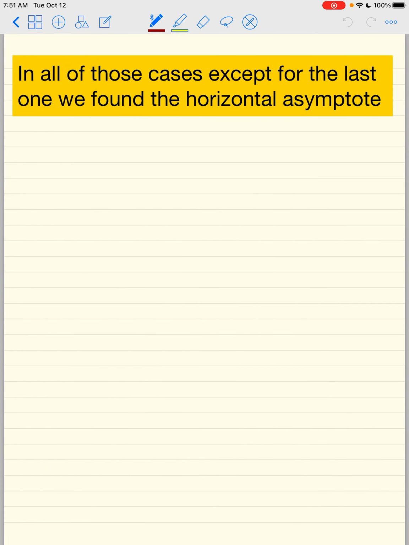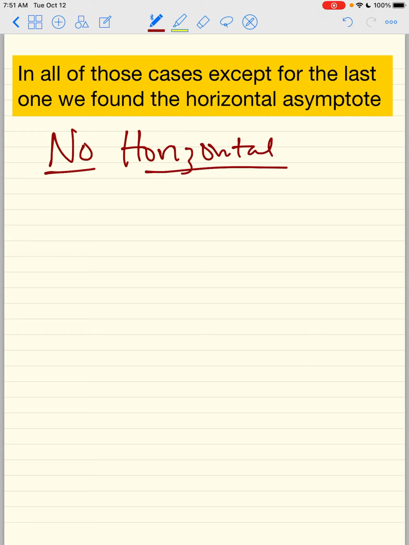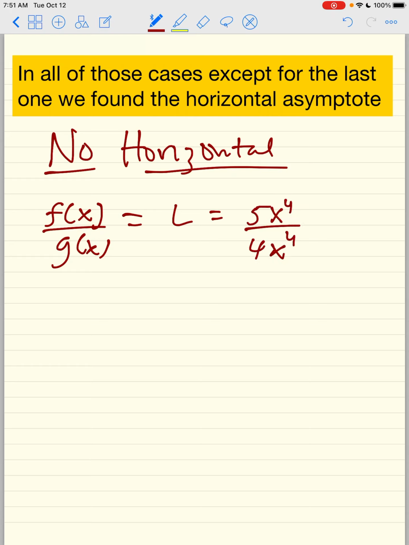In all of the cases except for the last one, we found the horizontal asymptote. But what I didn't show you in the last one was there's a third case where there's no horizontal asymptote. So we said if they match, right? If they match, then the limit is going to be that coefficient, right? So like 5x to the 4th is the highest, 4x to the 4th is the highest, it's just 5/4.